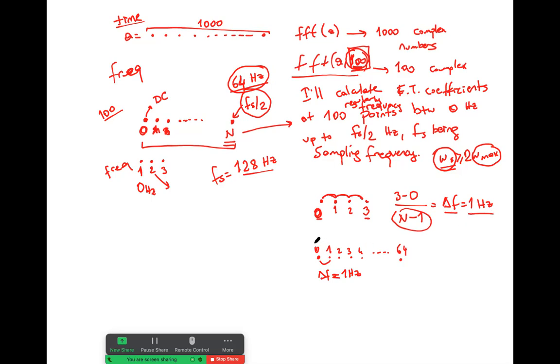How many numbers should I have here? If I want to have 0, 1, 2, 3, how many such points should I calculate my F value? 65. 65, right?